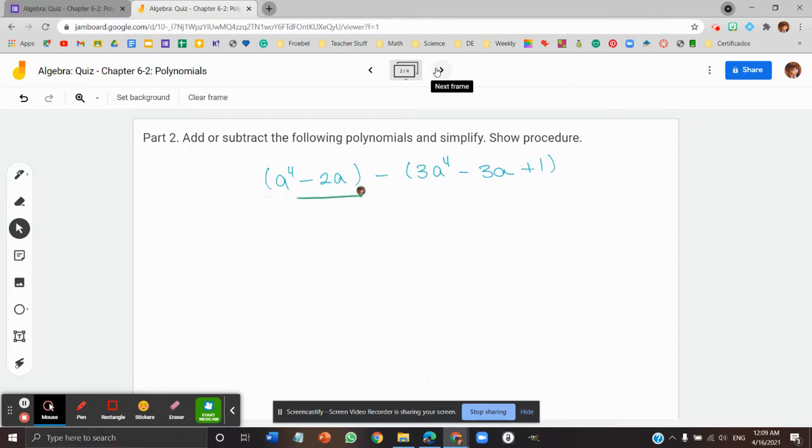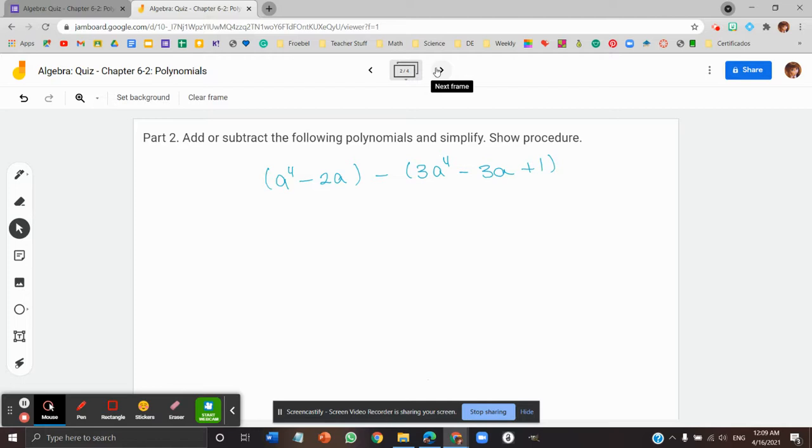In this case, it would be the first group. It's going to stay the same. I can change that subtraction to an addition, but then I have to change all the signs of the second term, or in this case, the second group.